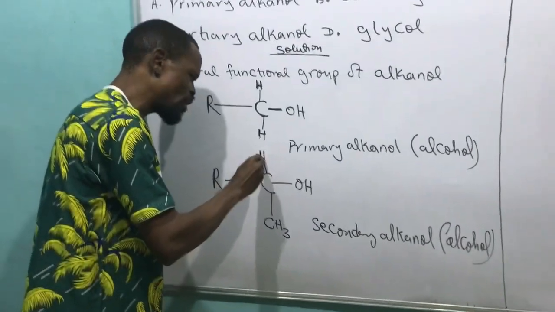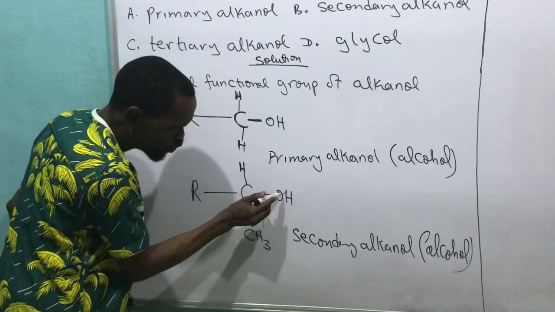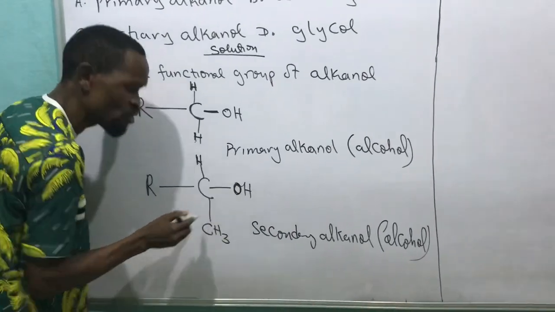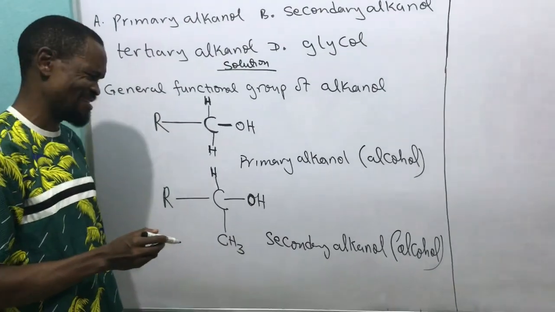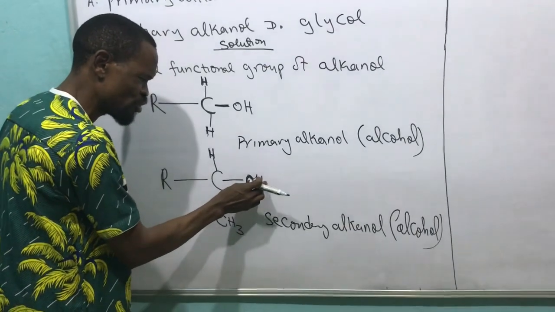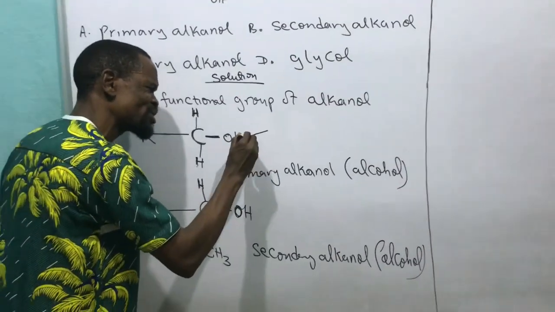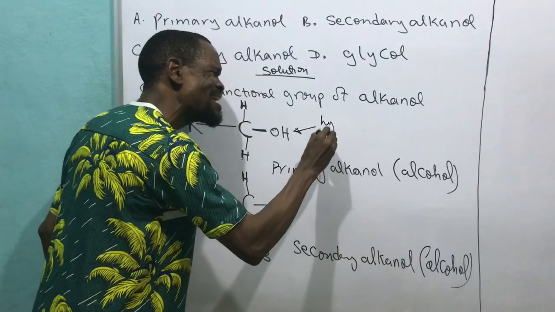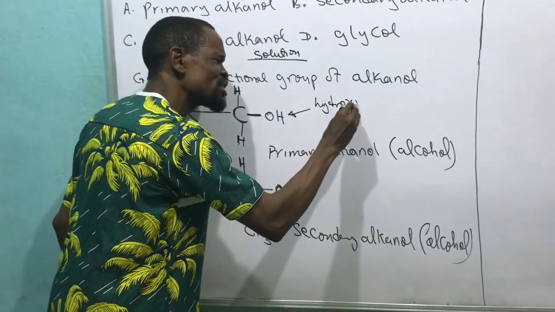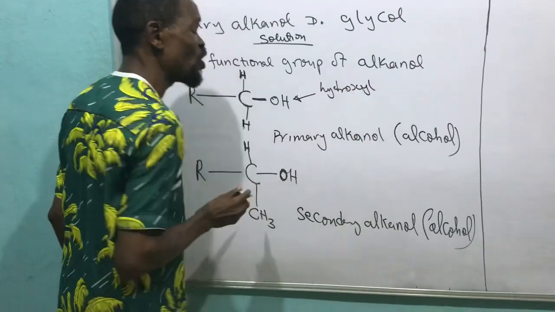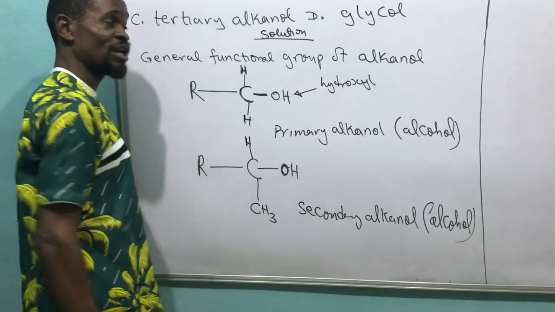Do you understand what we are considering? The carbon carrying this OH, which is the alcohol functional group, which we call hydroxyl. Remember, hydroxyl is the functional group of alcohol.